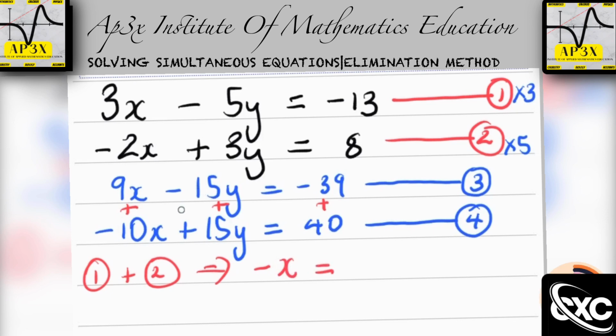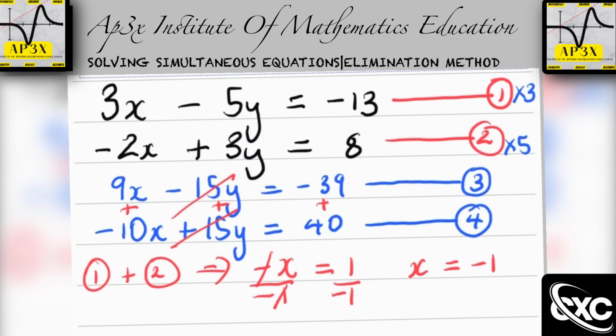And of course, negative 15 plus the inverse of negative 15 is 0. And of course, negative 39 plus 40 is 1. So we have a negative x here, and we must divide both sides by negative 1. Then you will find here that x is equal to negative 1.